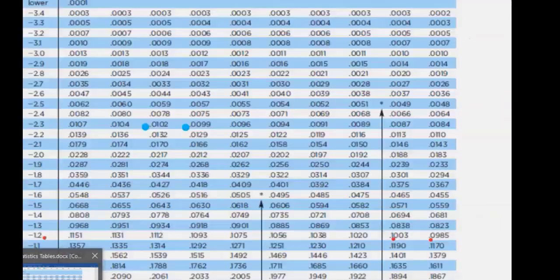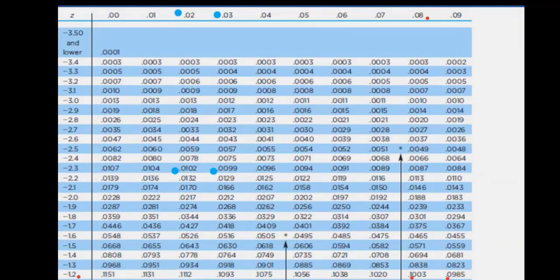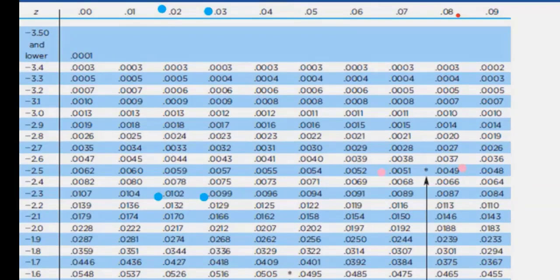So take a look and see what happens. We want 0.005, so we have this number, 0.0051, and then this number, 0.0049. So that means negative 2.57 and 2.58, between 7 and 8.